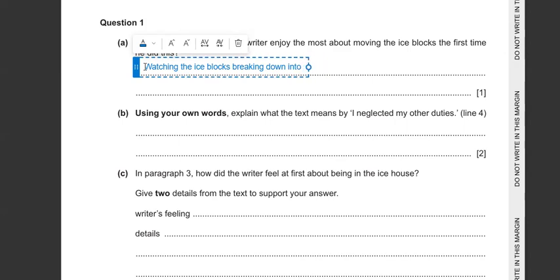Or, if you feel that small is a very common word, you can use a synonym.